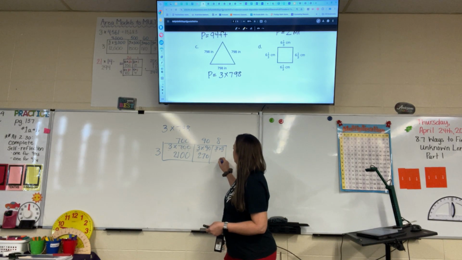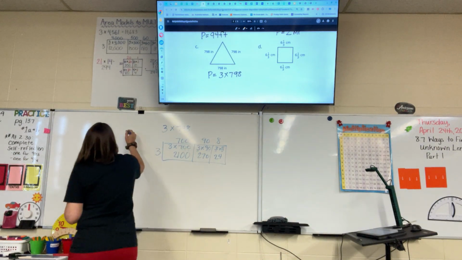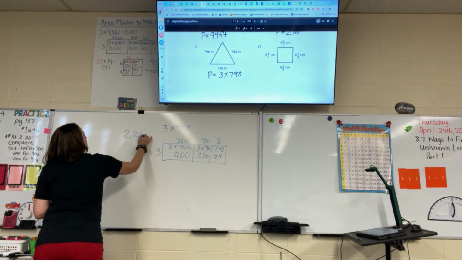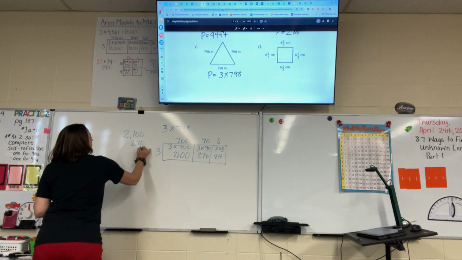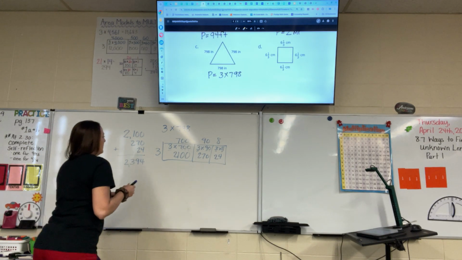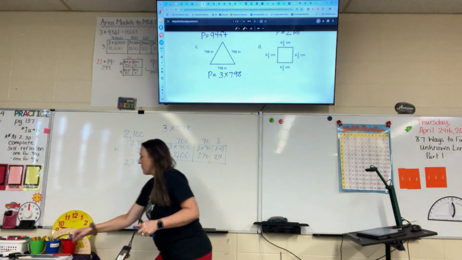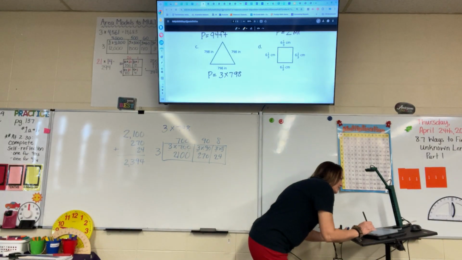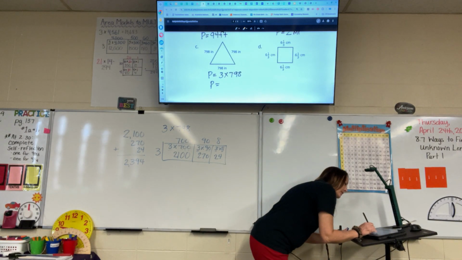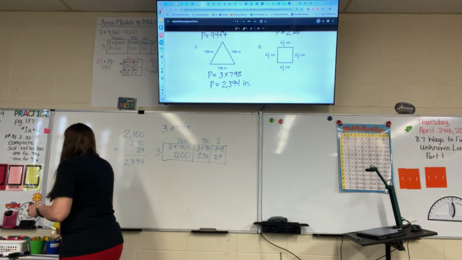And 3 times 8? 24. Last step. Stack them and add them. 2,100, 270, and 24. When we add those together, we get 2,394. So the perimeter equals 2,394 what? Inches. Okay.